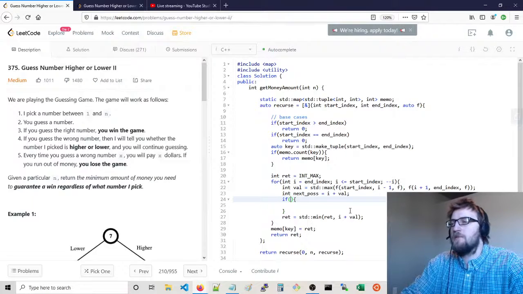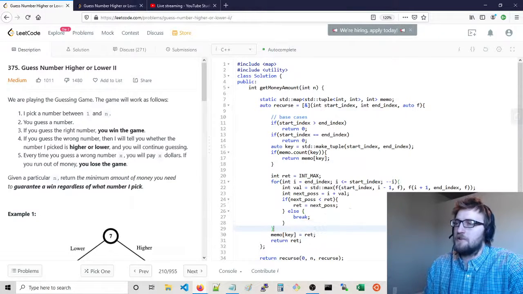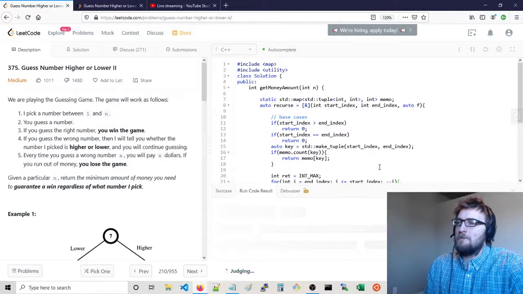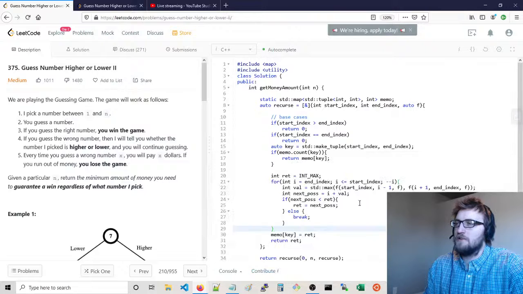So we say if next possible is less than what we're currently looking at, update ret to next possible and continue. Otherwise, we're going to terminate early, we're going to break. So this, I think, is a little bit more efficient. And I'm hoping it's still correct. It's not still correct. Okay, great. Nice.